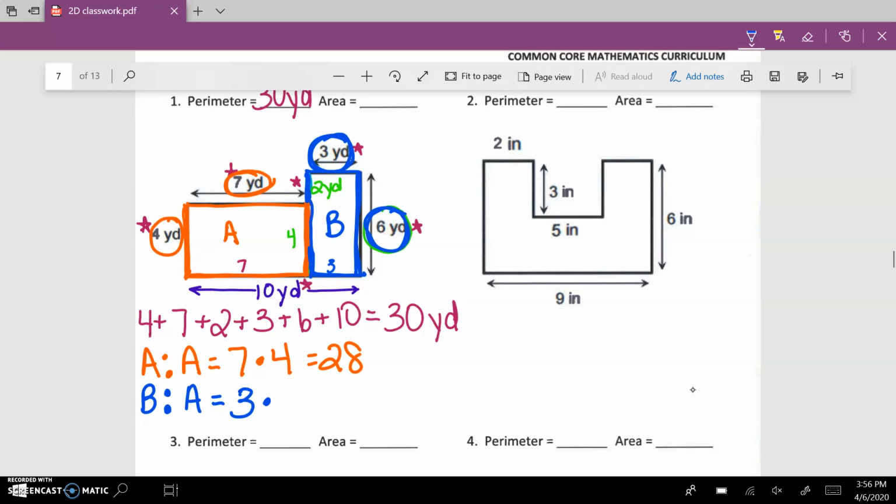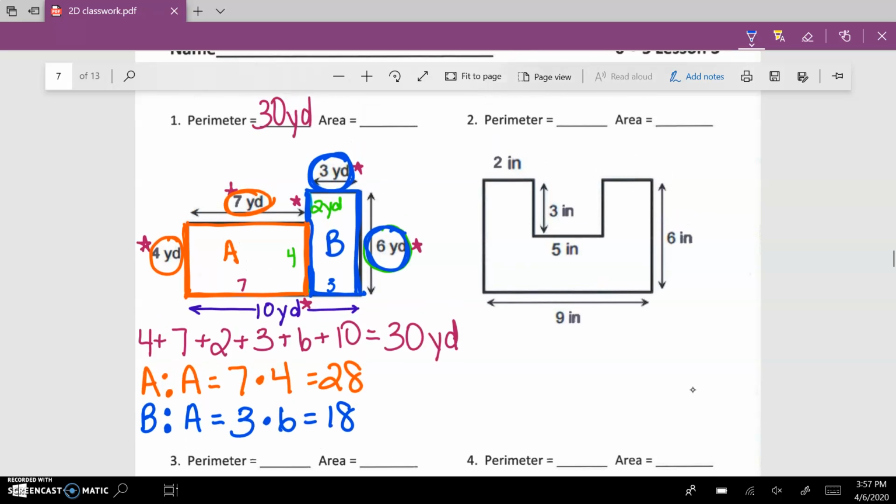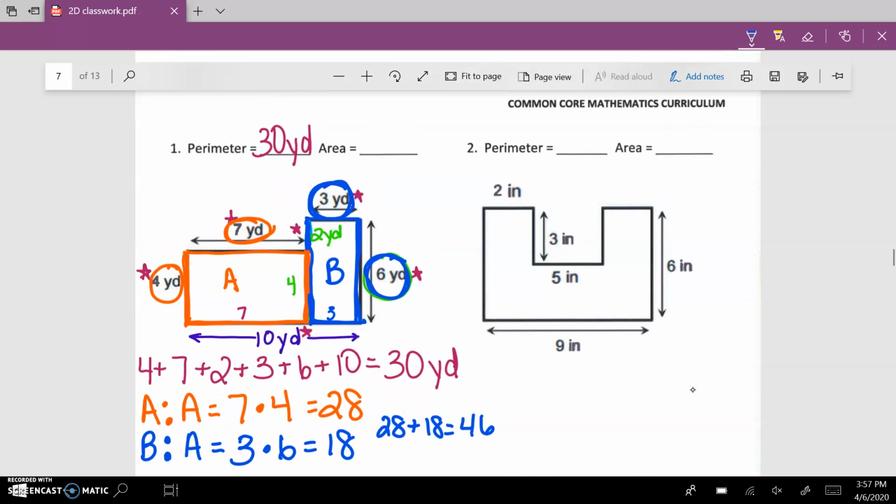I circled here in blue, which would be 18. So now to find my total area, you have to add the 28 plus the 18. So 28 plus 18 gives you 46. And if you put it up at the top here, this would be 46 yards squared because we're talking about area.